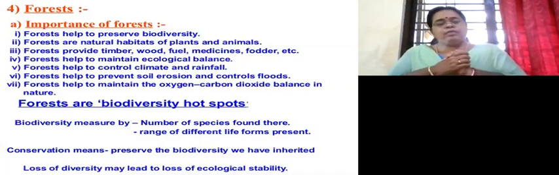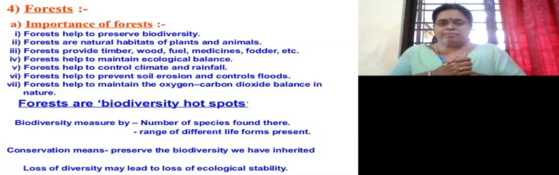Okay, now the next topic is, how can biodiversity be measured? I told you already, biodiversity means the number of flora and fauna in one particular ecosystem. So biodiversity can be measured by the number of species found there, the different range of life forms. What ranges do you see in a forest?